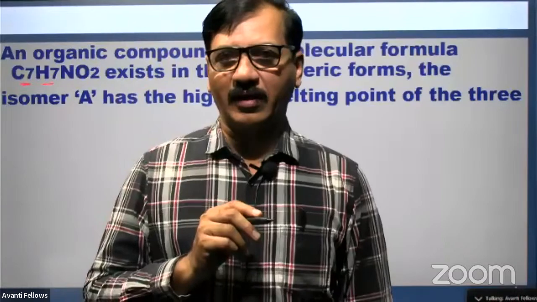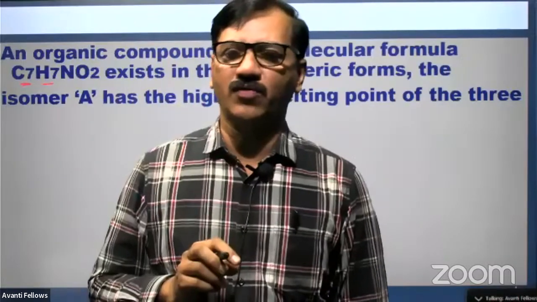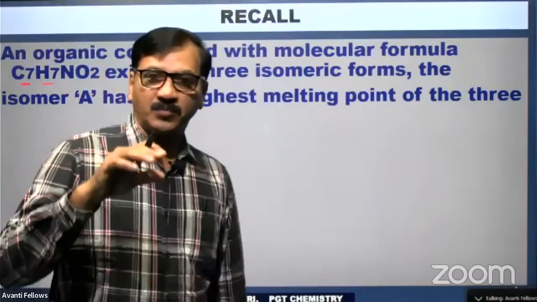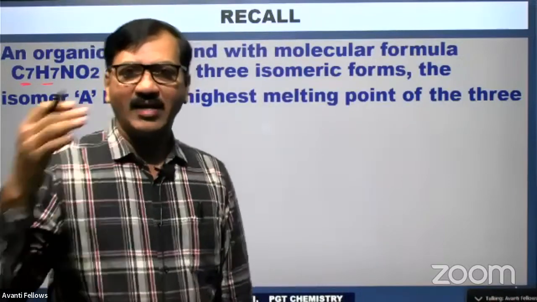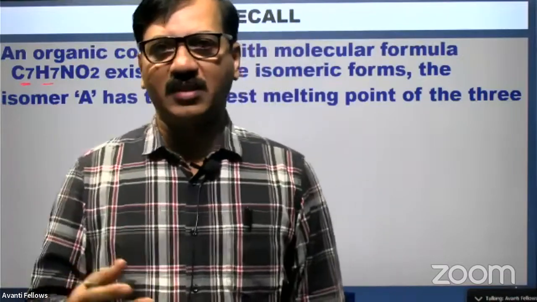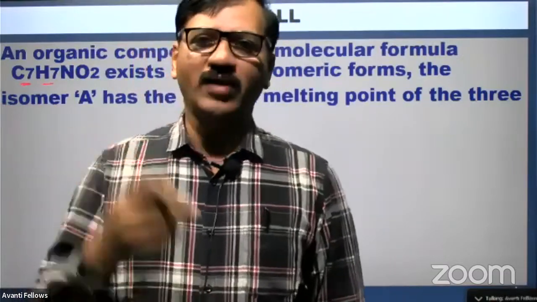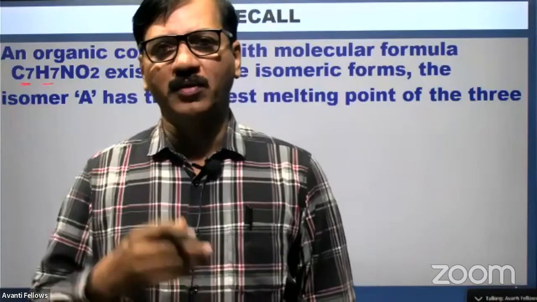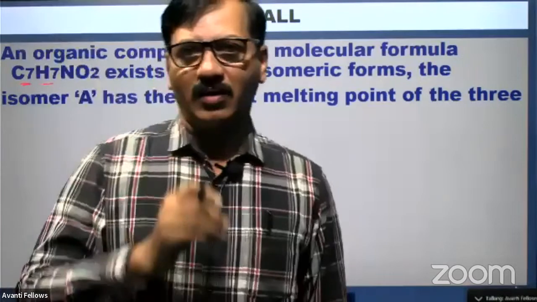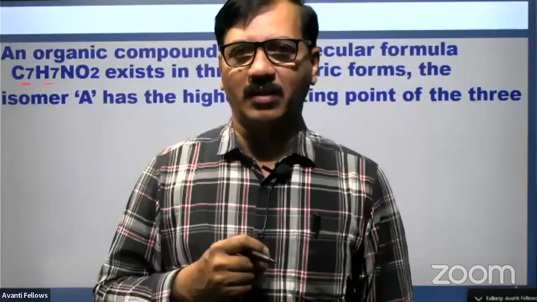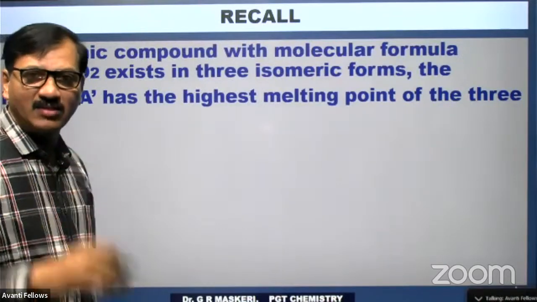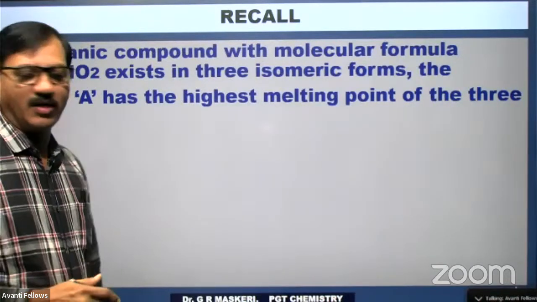C6H6 is the molecular formula of benzene, right? And if it is an alkane, CnH2n+2, one of the hydrogens might have been replaced by some other group, or two of the hydrogens may be replaced by some other group. Therefore, the ratio will be almost double. But here, the carbon and hydrogen ratio is almost the same, which means it must be having a benzene ring.